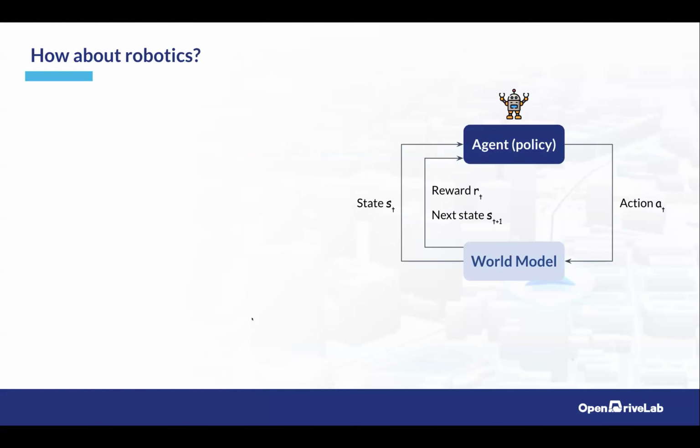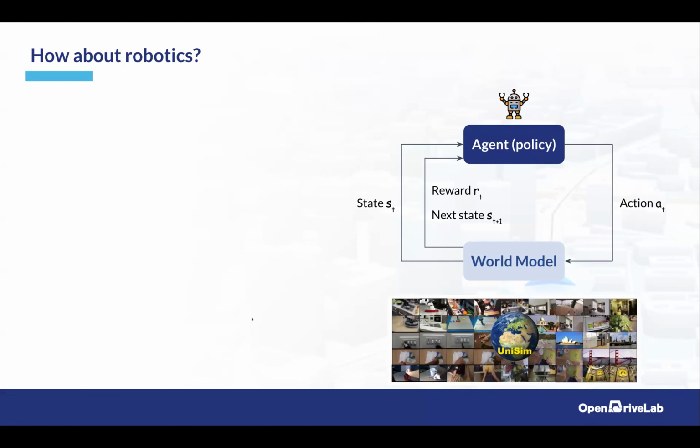So the model in driving is relatively straightforward, and we can predict the future based on the images and the LiDAR points. But how about robotics? Like UniSim, they model the world with a very large corpus of data, but the challenge in robotics is that we have very heavy interactions between the robots and the environments, and we need to build these interactions.